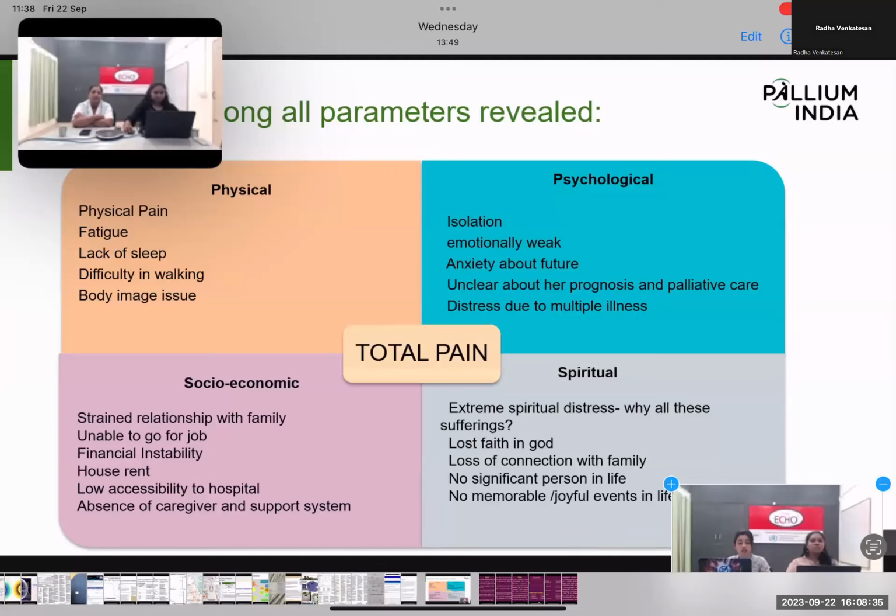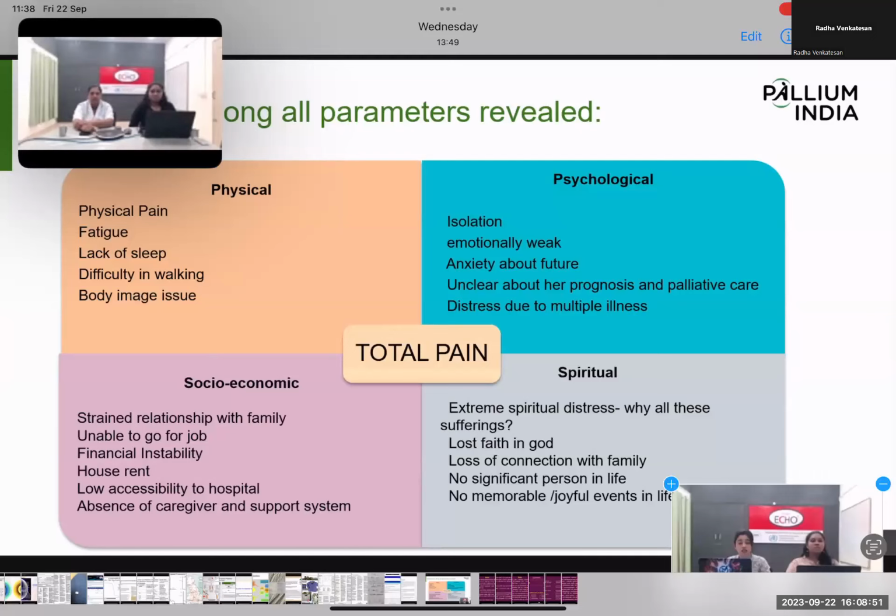Physical, psychological, socioeconomic, and spiritual. Physical has physical pain, fatigue, lack of sleep, difficulty in walking. Any physical symptom will come under that.